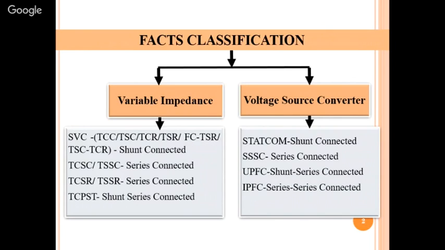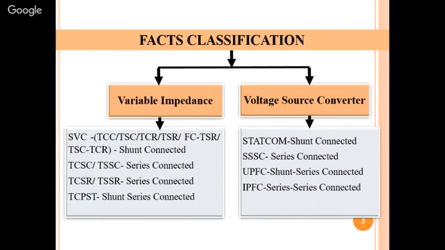The FACTS devices, either they can be shunt or series, or else they can also be classified into two types, that is variable impedance type and voltage source converter type. In variable impedance type, we have various types of converters, but mainly used are SVC, that is static VAR compensator, and TCSC, that is thyristor controlled series compensator.